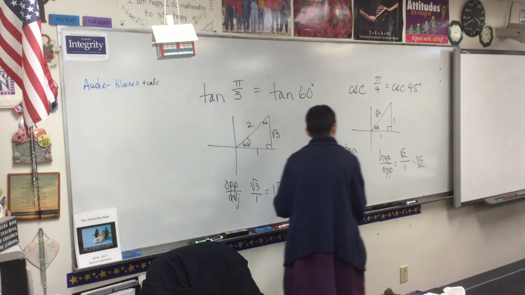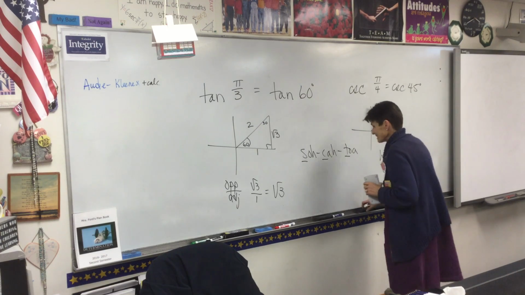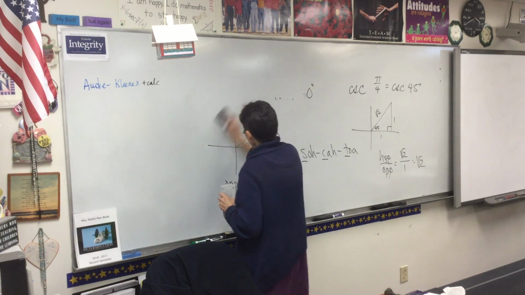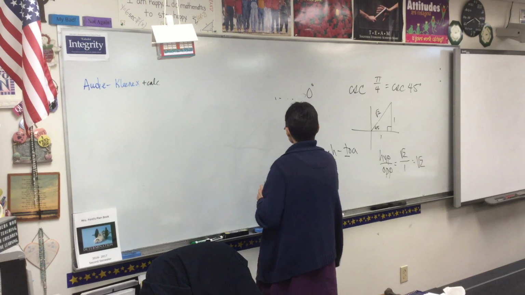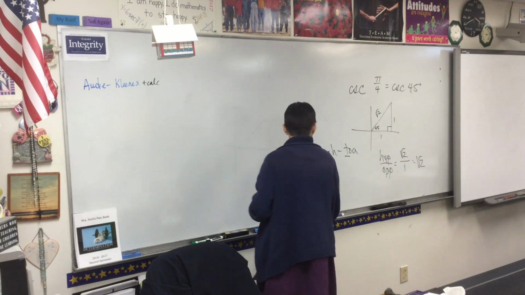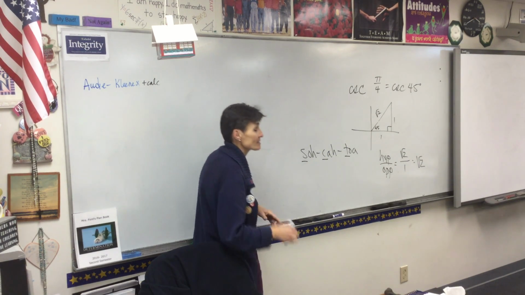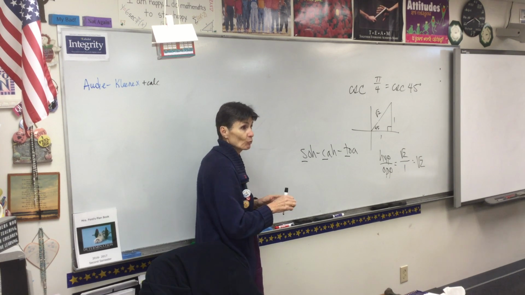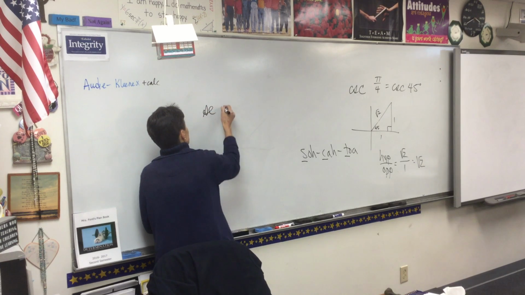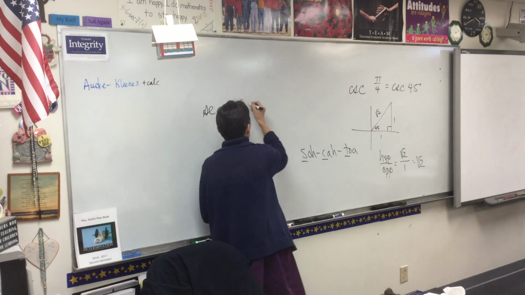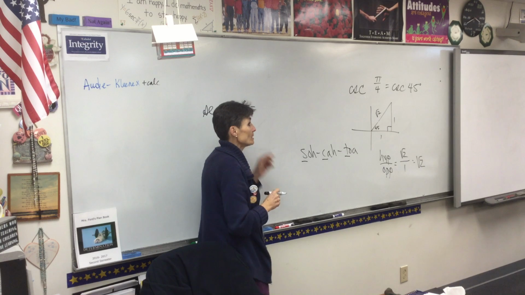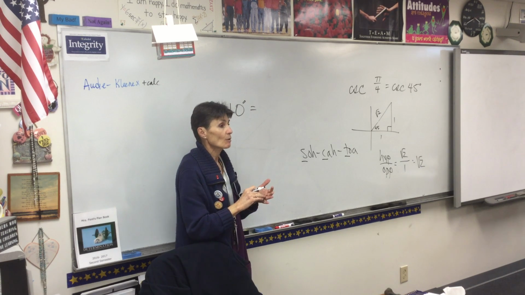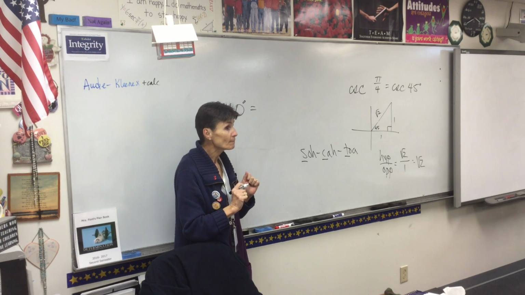First problem is a tough one. Secant 10. Now you are looking at me and you're saying, Mrs. Ford, you made me buy this calculator. I spent $100 and it does not even have a secant button. And you're right, it doesn't. To type this into your calculator, you need to remember that secant is the reciprocal of cosine.